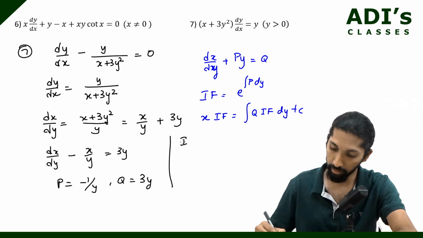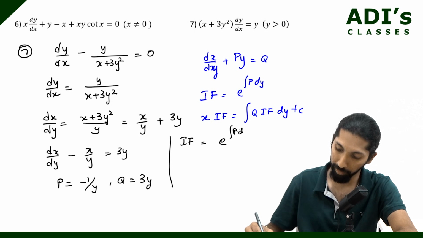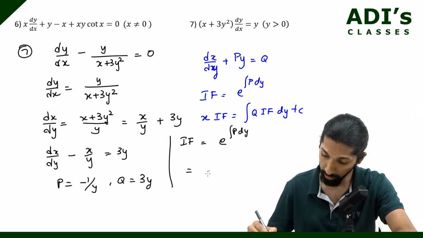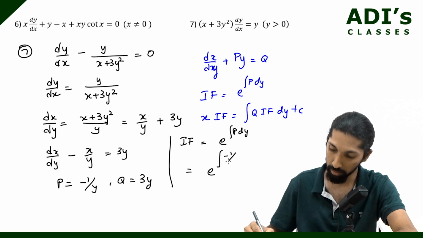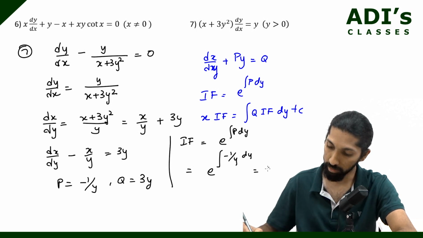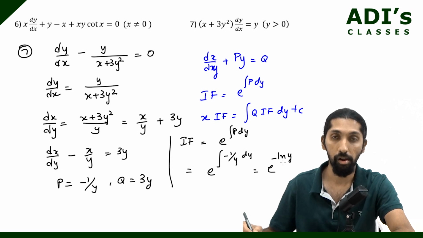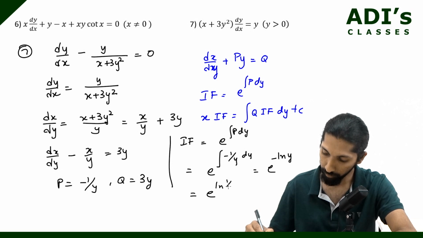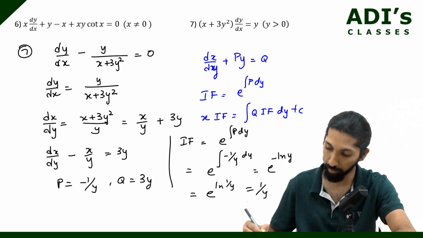See the integrating factor, e to the power integral of p dy, correct? e to the power integral of, what is p? Minus 1 by y dy, which is e to the power minus log y, or e to the power log of 1 by y, which finally becomes 1 divided by y.